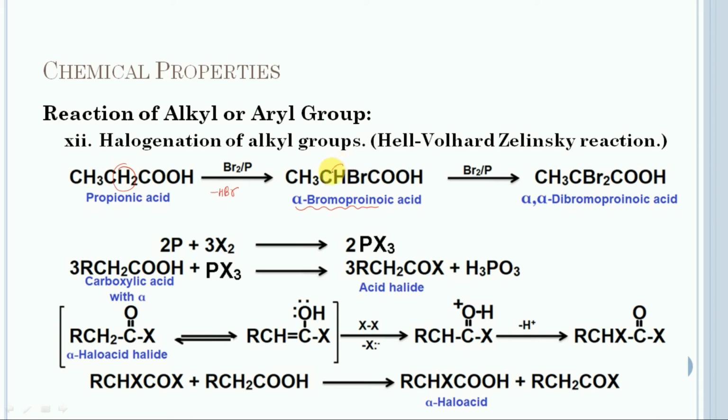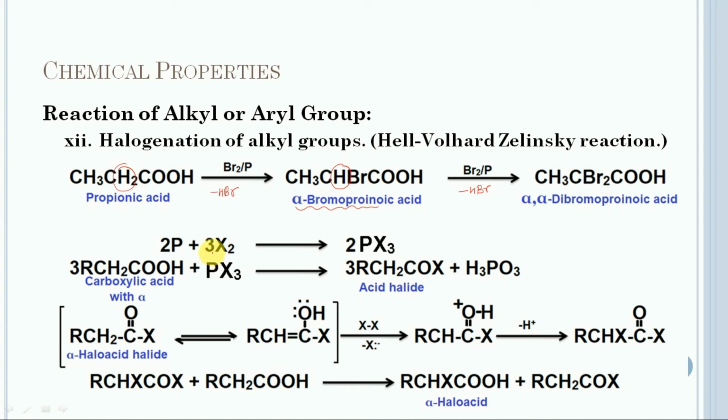In the second step, the second alpha hydrogen will get replaced with elimination of hydrogen bromide and finally alpha-dibromo propanoic acid will get formed. It may be noted that bromination takes place exclusively at the alpha position and the reaction stops after all the alpha hydrogens have been replaced.